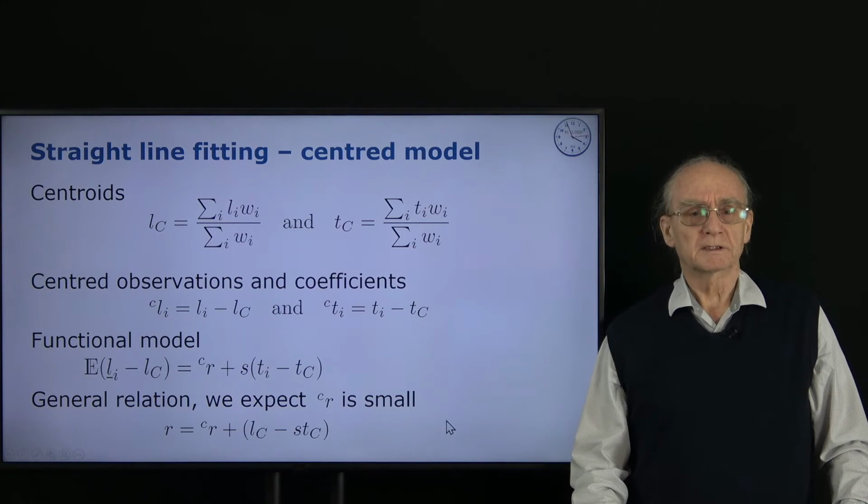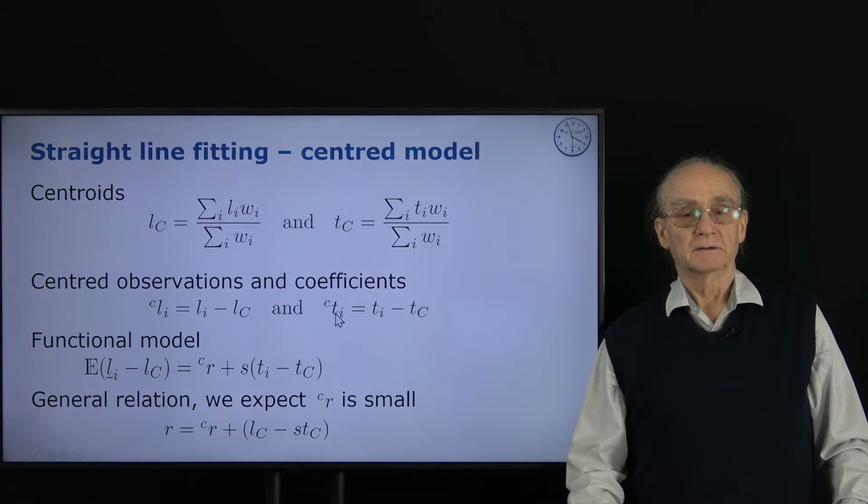And that means the straight line fitting can be done in the centered model. So we start with calculating the centroids for the observations and the given data. Then we have the centered observations and the centered coefficients t. And that means the functional model now looks the following.